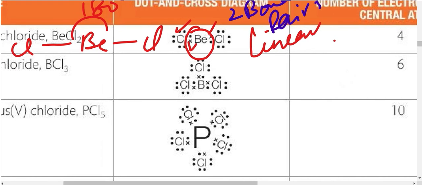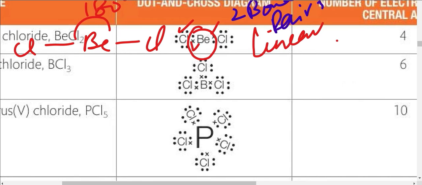So when we focus on boron trichloride, we have boron which is in group number 3 of the periodic table. Okay, under aluminium, above aluminium. And the crosses are all for boron. See, these 3 crosses are there, and the dots are all for chlorine. So the arrangement around boron will be in this way.